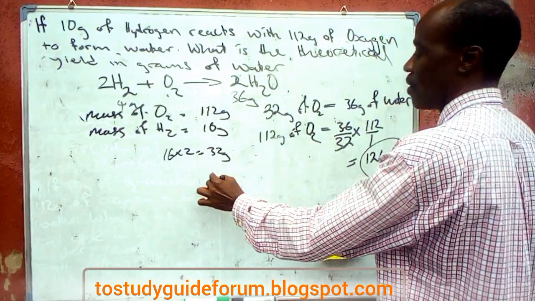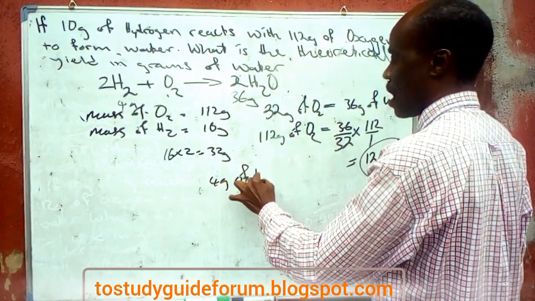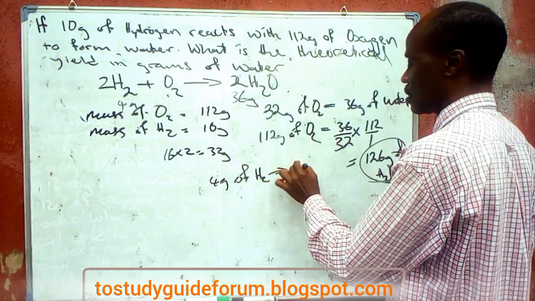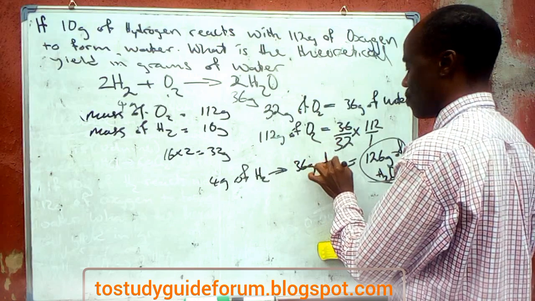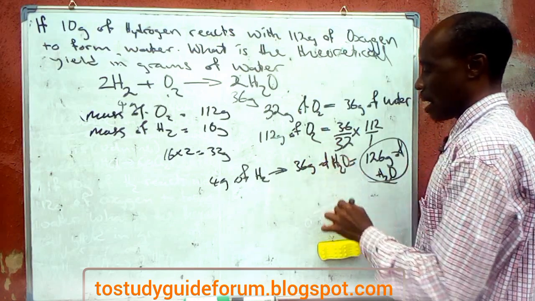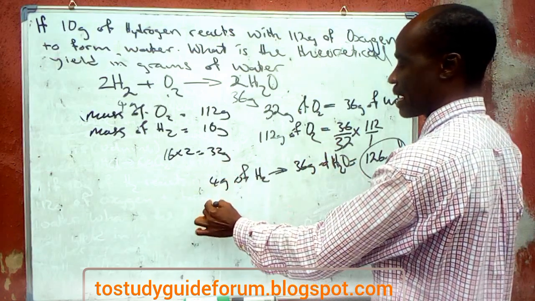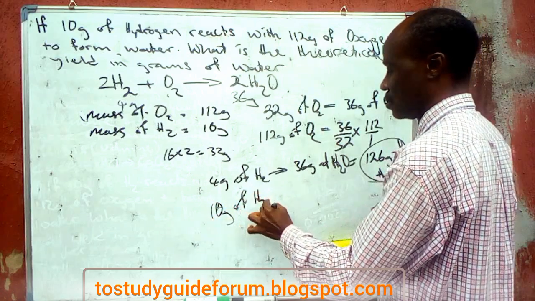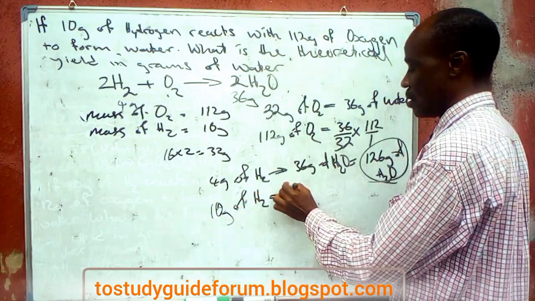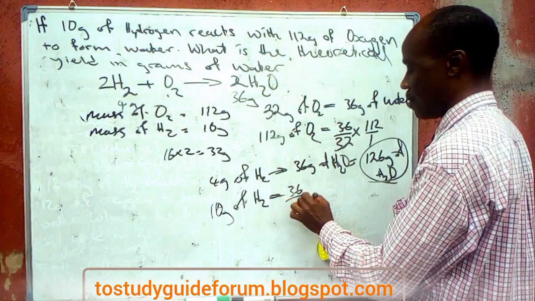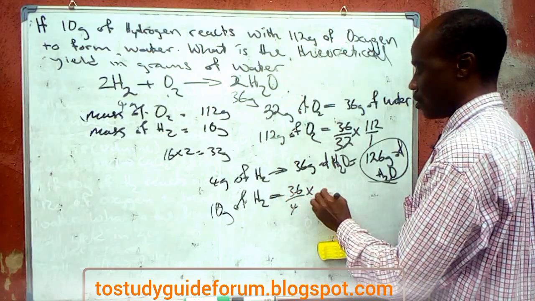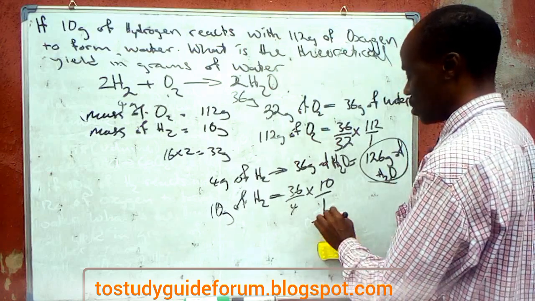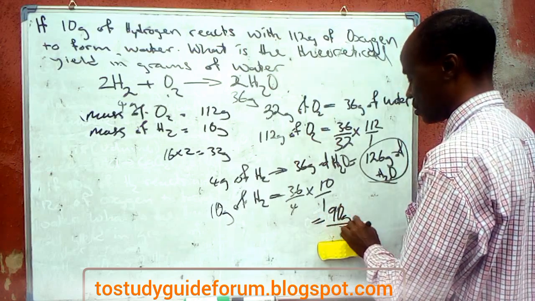Then that means 4 grams of hydrogen will give us 36 grams of water. So 10 grams of hydrogen will then be 36 over 4 multiplied by 10. When we do this, we're likely to get 90 grams.